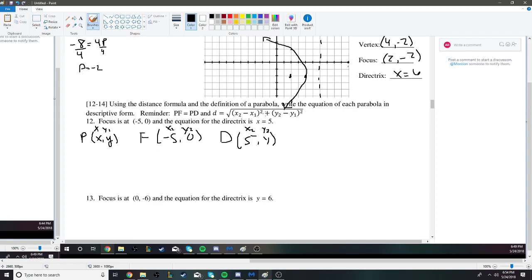So we're going to plug them both into this formula. So it's going to be the square root of x2 minus x1 squared. So actually, I'm going to change this around and make this a 1 and a 2. It won't make a difference.